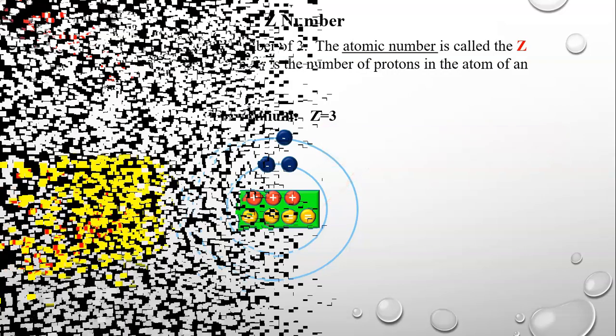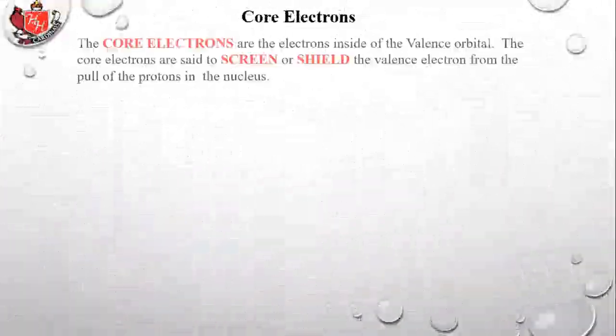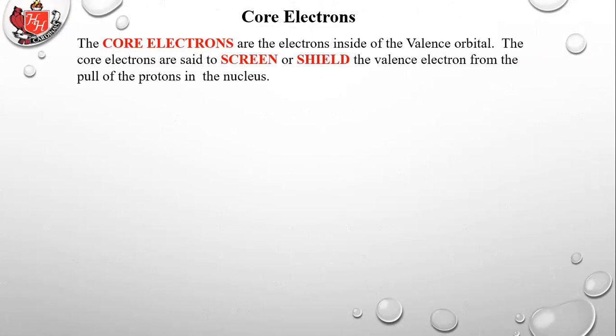All right, so the core electrons are electrons inside of the valence orbital. The core electrons are said to screen or shield, those two words can be used interchangeably, the valence electron or electrons from the pull of the protons in the nucleus.